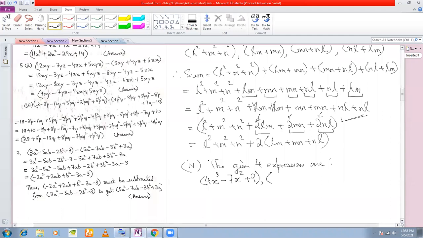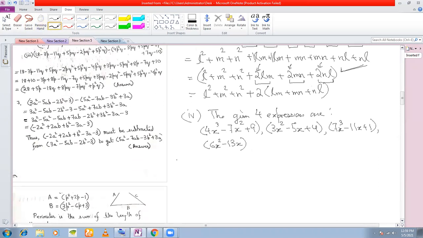Next expression, put it in the brackets: 3x square minus 5x plus 4. Third expression also: 7x cube minus 11x plus 1. And the fourth expression also: 6x square minus 13x. These are the four expressions that are given.